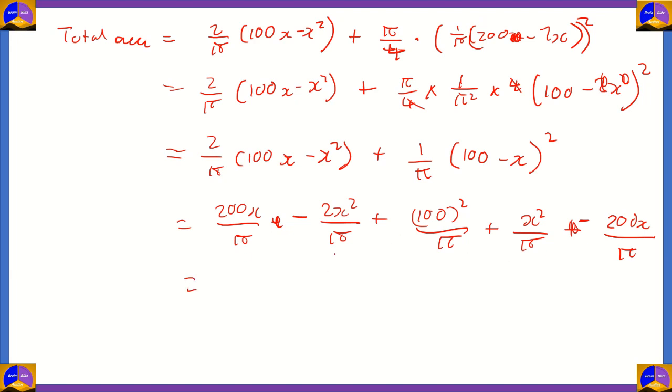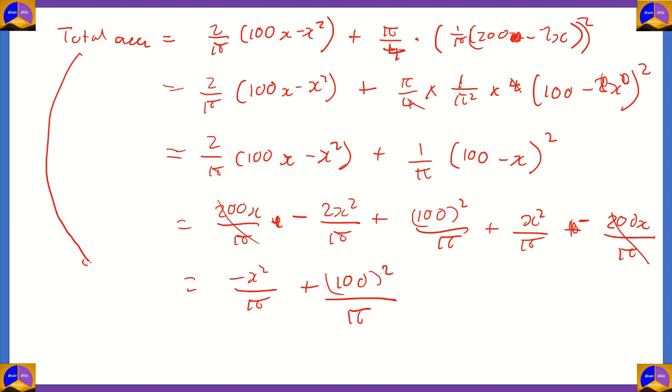Over here, 200x by pi and 200x by pi get cancelled, minus 2 plus 1 becomes minus x squared by pi, plus 100 squared divided by pi. So this is the total area, and we can represent this equation as z.